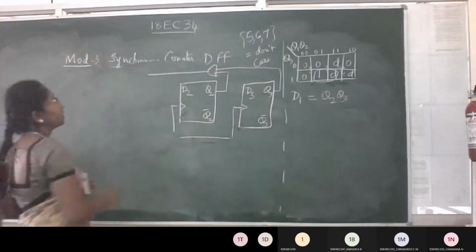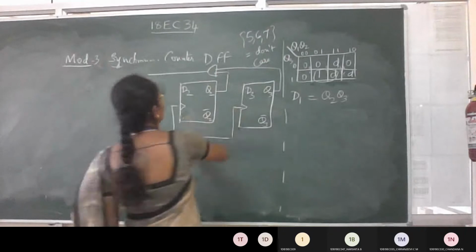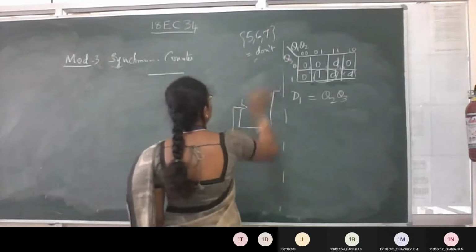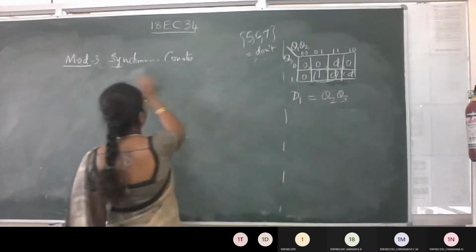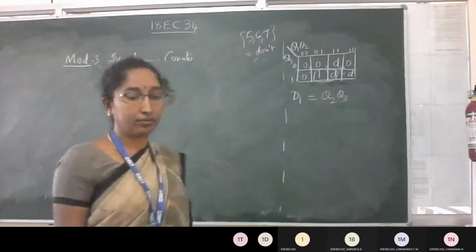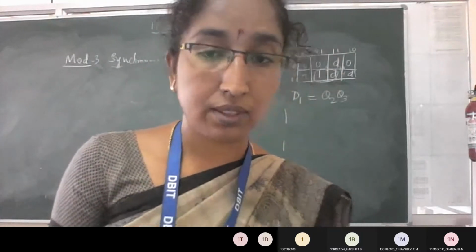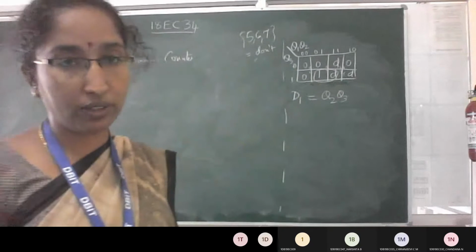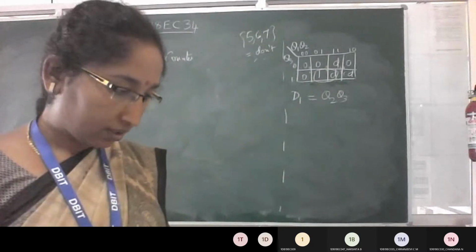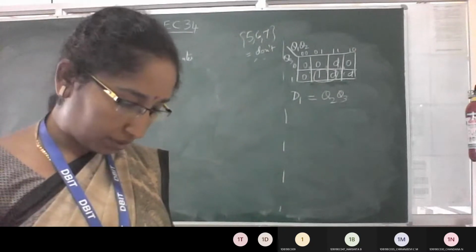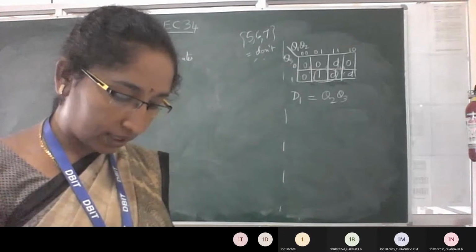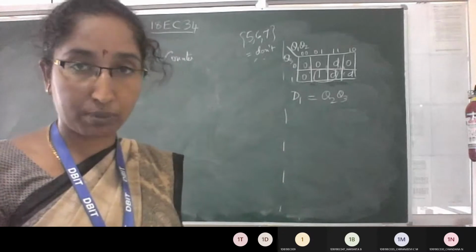If it is a mod 3 synchronous counter using JK flip-flop, how will you do it? Mod 3 has how many states? 0, 1, 2, that is 3 states. That is asked in many question papers. Design a 3-bit synchronous up counter using JK flip-flop.